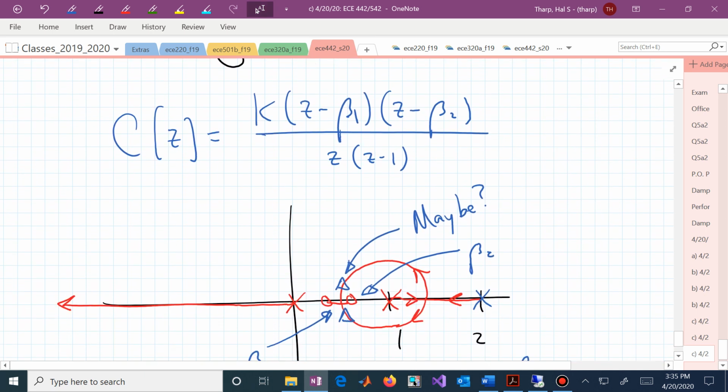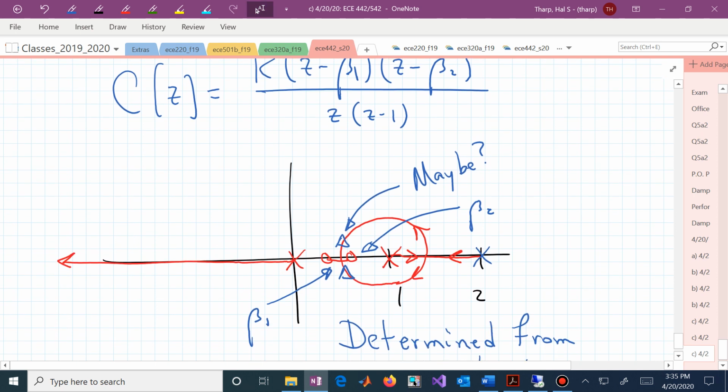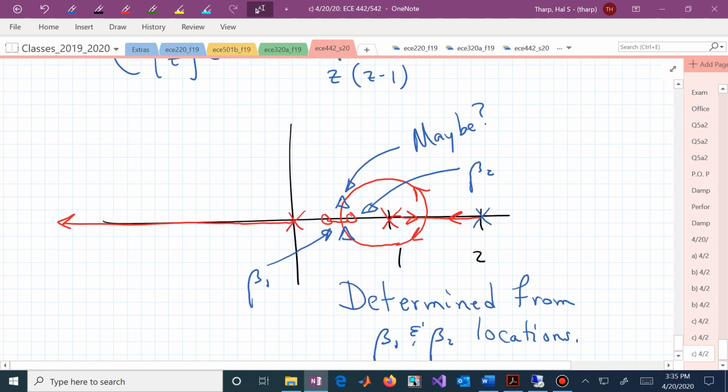But now maybe we can move that root locus a little bit further to the left by the appropriate choice of beta 1 and beta 2. The shape of this root locus diagram is obviously going to be determined by beta 1 and beta 2, and that's what we want to learn or be able to adjust or work with in order to achieve maybe more acceptable closed loop behavior.